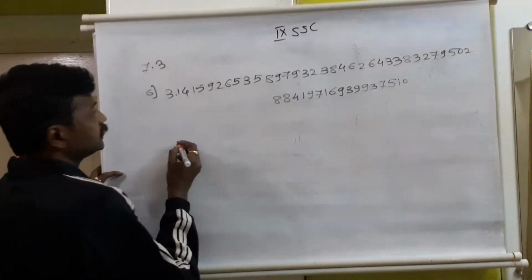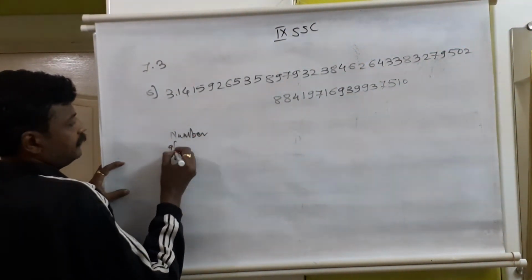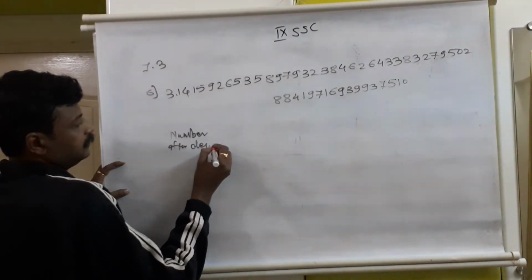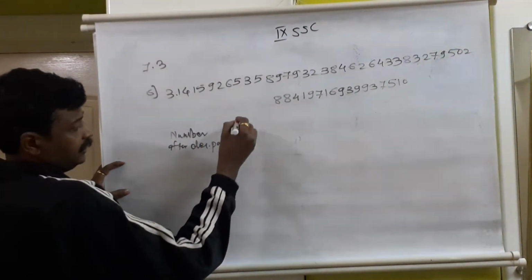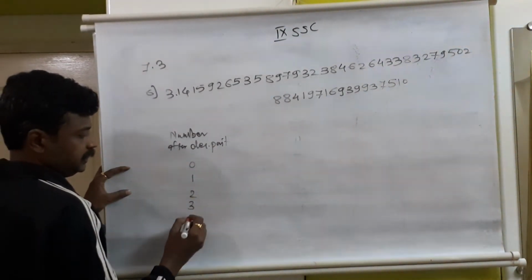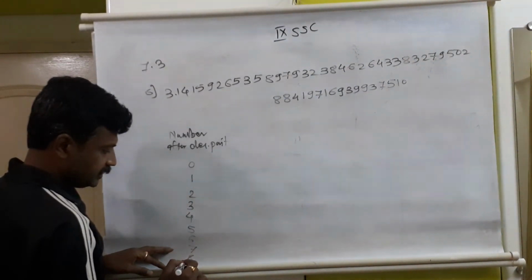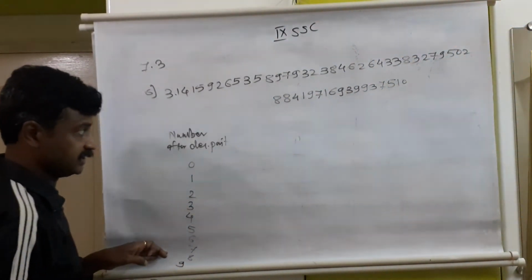So we will write in the first column number after decimal point. First is 0, then 1 2 3 4 5 6 7 8, and the last one is 9. I will write it here.